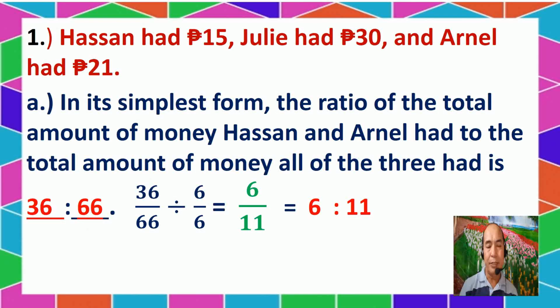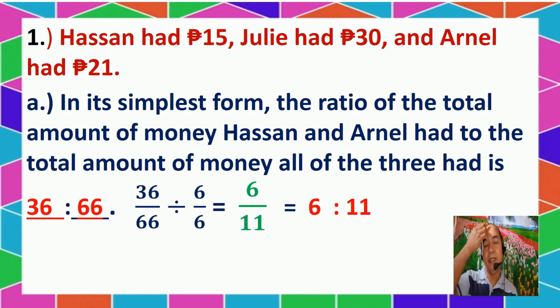Okay, so let's have factors of 36 and 66. So we find out that 6 is the greatest common factor of both 36 and 66. So since 6 is the greatest common factor, we will divide 36 by 6, 66 by 6, so that you can find the simplest form of the ratio.